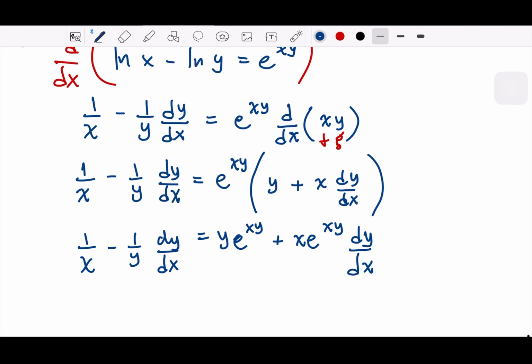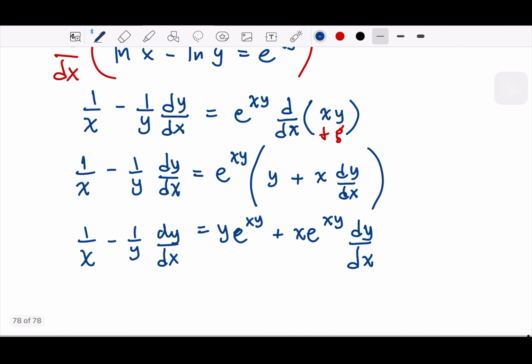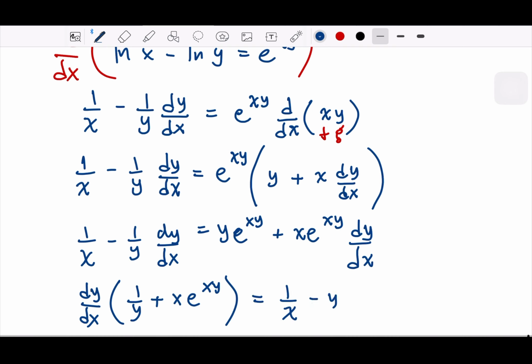So we are going to have, I will move this to the right, but I will write on the left. And then the same thing with the other one. So I will write dy over dx times 1 over y plus x e to the xy, and the right side will be 1 over x minus y e to the xy.